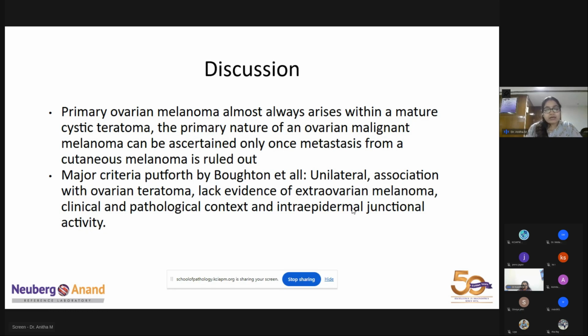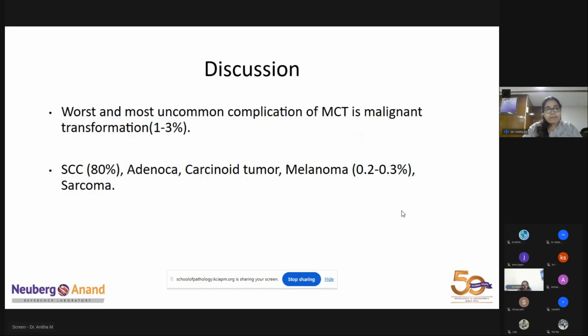But she is a postmenopausal female with gradual increase in size with heavy abdominal contents. So intraepidermal junctional activity is not appreciated, and there might be a probability of malignant transformation of this mature teratoma. It's a worst complication and an uncommon complication.